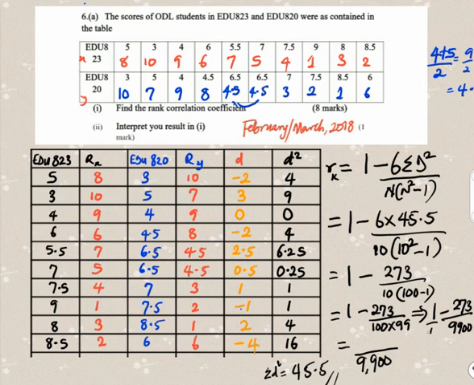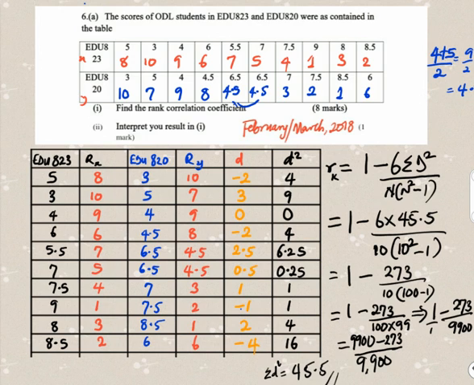So we're going to have 9,900 divided by 1 is 9,900 times this times 1. We have 9,900 minus 9,900 divided by 9,900 is 1, multiplied by 273, we're going to have 273.